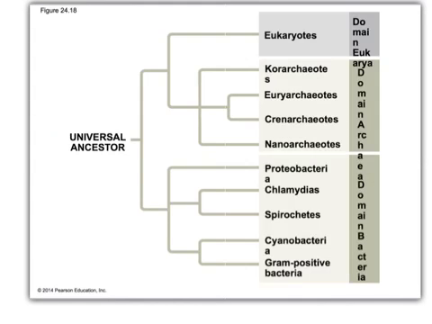So here's sort of a breakdown, and this doesn't reproduce very well, but it is what it is. You have your eukaryotes, and then as a domain you have your archaea, with 4 different classes as a separate domain, and then your 5 classes of bacteria: proteobacteria, being your true bacteria, chlamydias, spirochetes, cyanobacteria, and gram-positive bacteria.